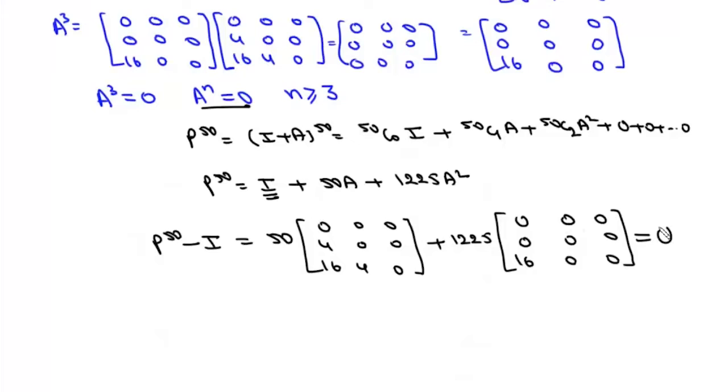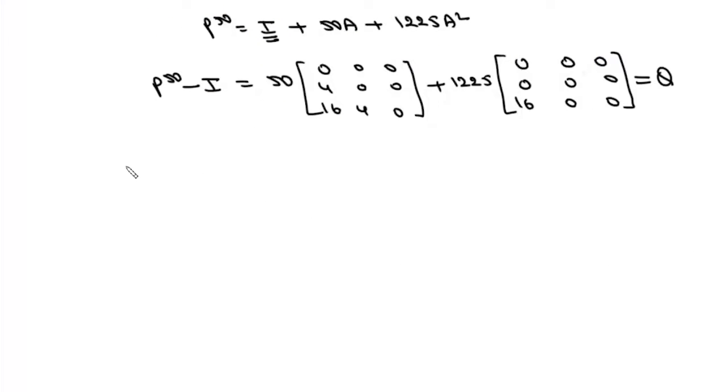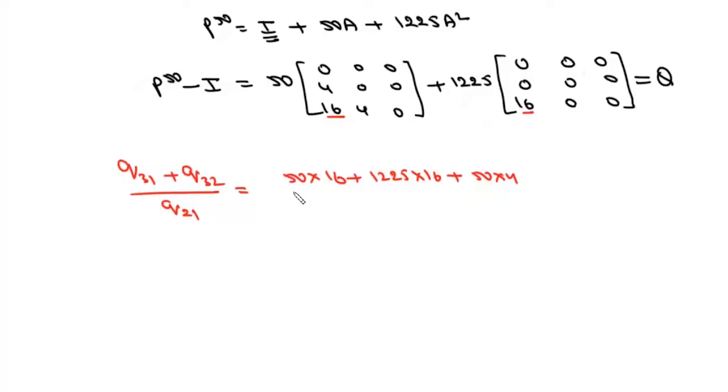And this is nothing but Q. Now in the question it says we need to find the value of Q31 plus Q32 upon Q21. Now Q31 is 50 into 16 plus 1225 into 16 plus Q32, and Q32 is 50 into 4, whole divided by Q21, and Q21 is 50 into 4.